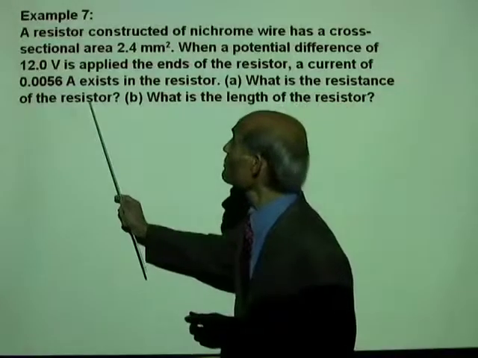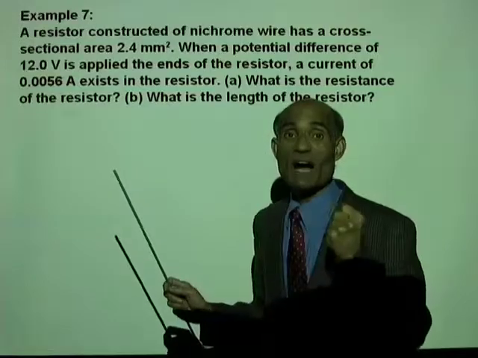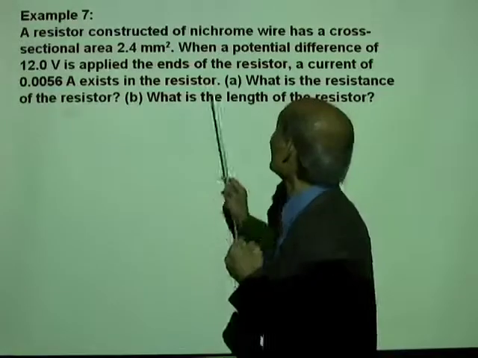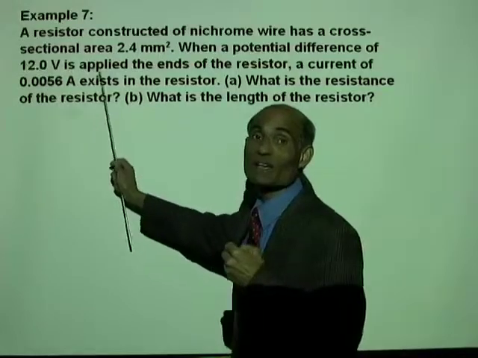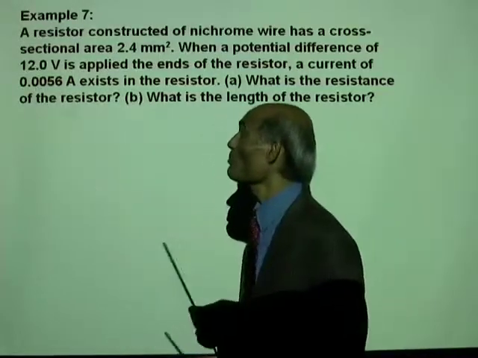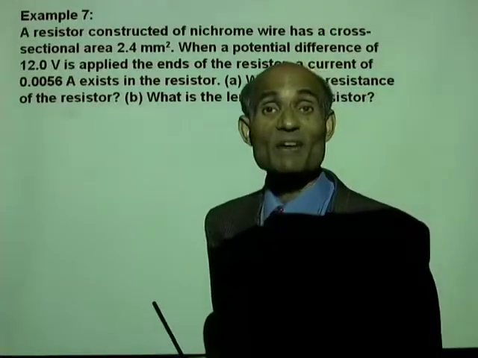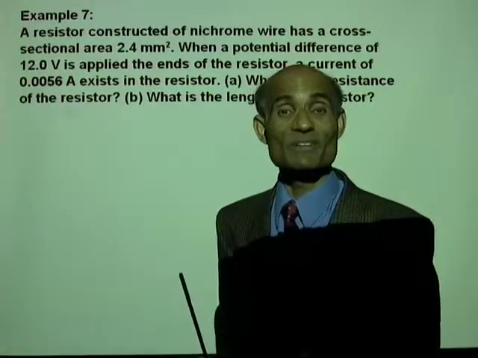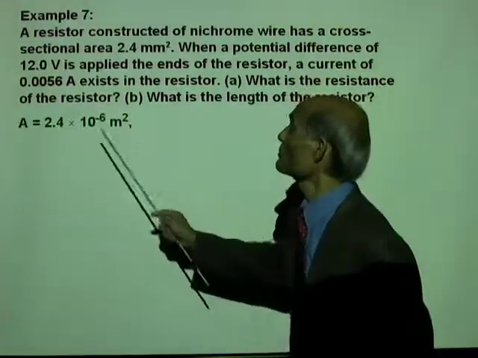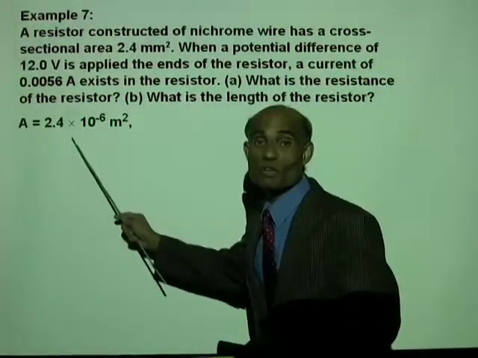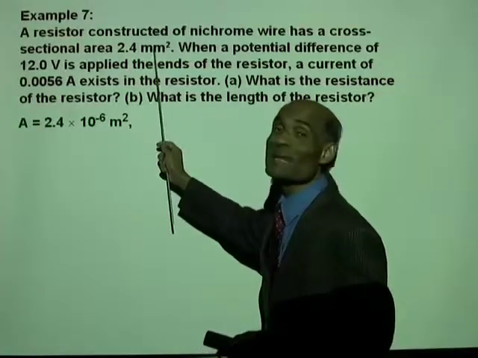To calculate the resistance, we need the potential difference and the current. Is that right? When a potential difference of 12 volt is applied, there is a current of 0.0056 ampere. Can you calculate the resistance? Yes. Alright, we will start by calculating the resistance. The area of cross section of the wire is given as 2.4 millimeter square.